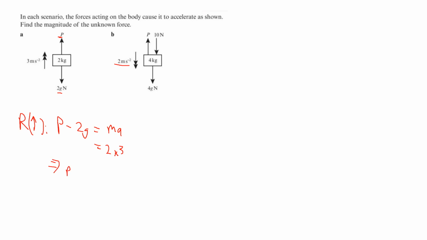This means that P minus 2G is equal to 6, and therefore P is equal to 6 plus 2G, which is equal to 25.6 newtons. Keep in mind that G is equal to 9.8 meters per second squared, okay?